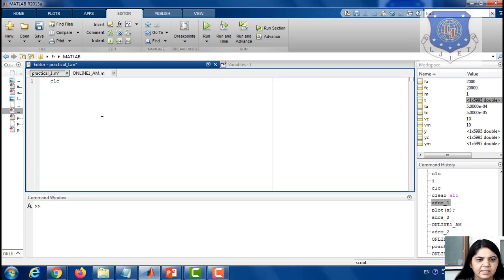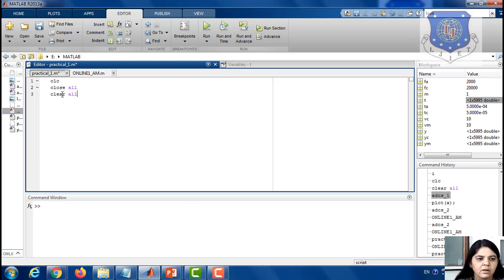Before starting anything with MATLAB, we run the command clc, that is clear screen. By running this, it will clear everything. Now close all: whatever applications, images, and plots are open, it will close everything.